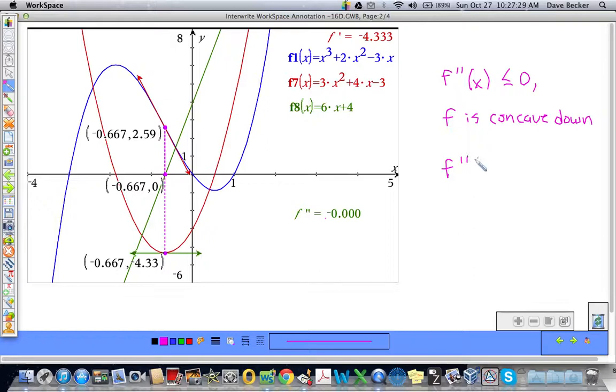And when the second derivative is greater than or equal to 0, then f is concave up. Looky here. Concave down, second derivative is negative. Concave up, second derivative is positive. Above the x-axis, positive. Below the x-axis, negative.